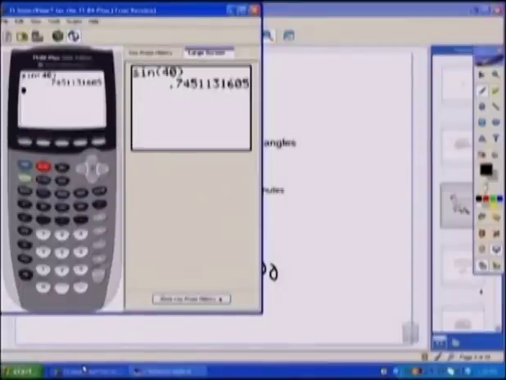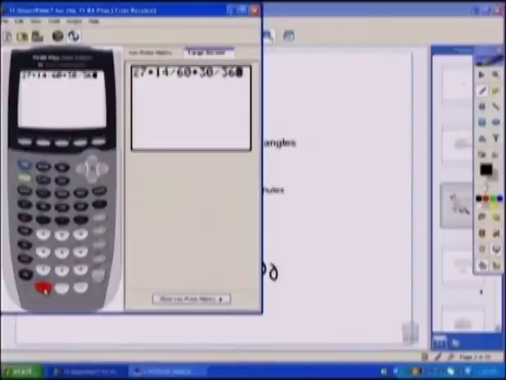we can convert by taking our 27, adding our 14/60ths, and adding our 30/3,600ths.